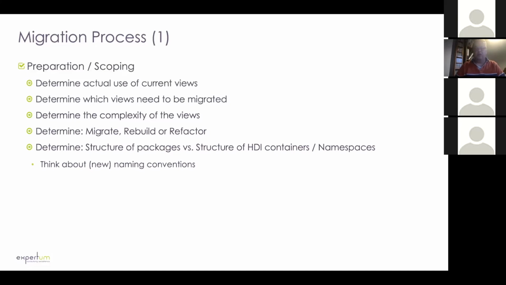You can use namespaces within your containers, which you can use as a prefix before the actual artifacts in the container, but you have to think about this. Most companies have naming conventions in place, but these naming conventions need to be reconsidered, to see if they still work or if they need to be changed when you're going to be using HDI containers and put your views in there.